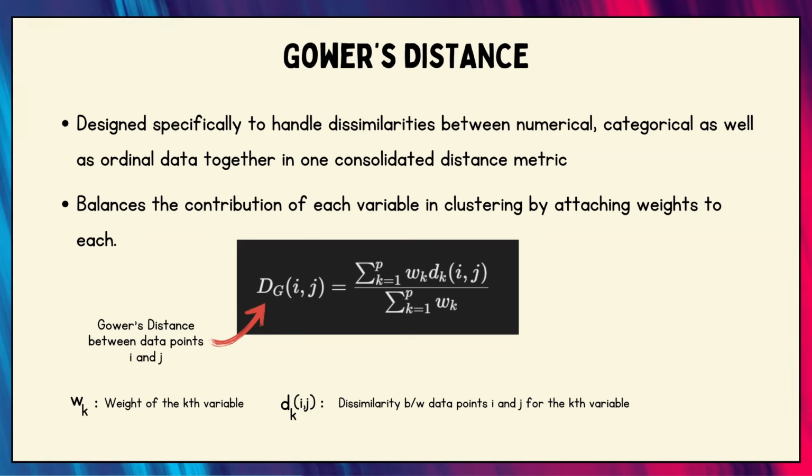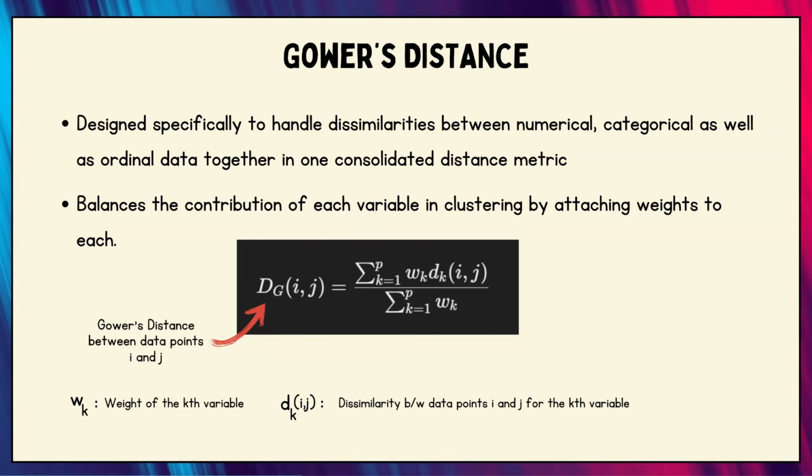And then we multiply w_k and d_k for every single column, and then we sum them up, and then we divide it by the sum of weights. So usually, the weight is going to be 1 for each column. The reason is very simple, that we want each column to contribute equally to the clustering. But if we want, then we can modify it if required, if we have a use case where we need to do that.